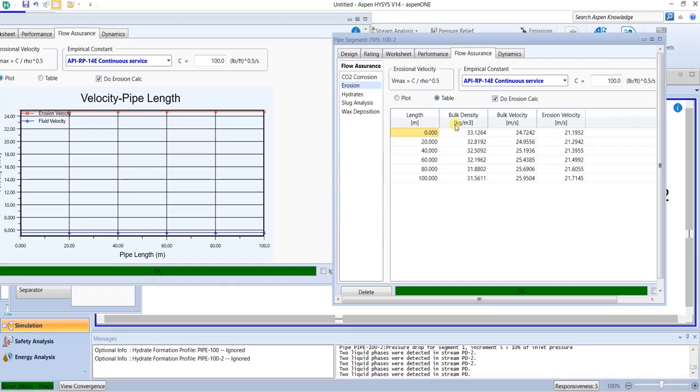Then you also have multi-phase mixtures that consist of sand particles, right? Then you also have sour hydrocarbons, right? So basically, sour hydrocarbons would actually lead to erosion that is also accompanied with corrosion, right? So these are some of the compositions of fluids that can actually lead to erosion in pipes.